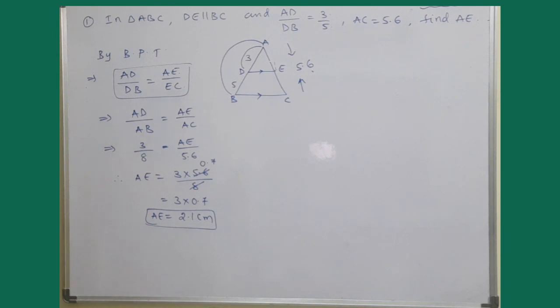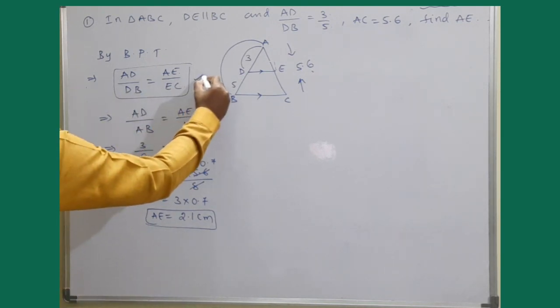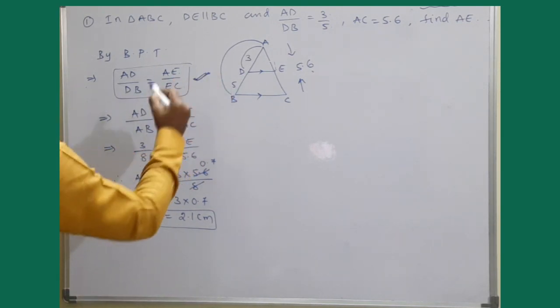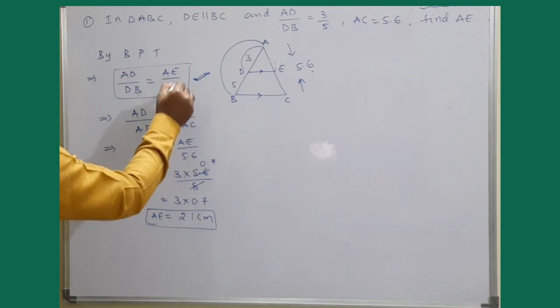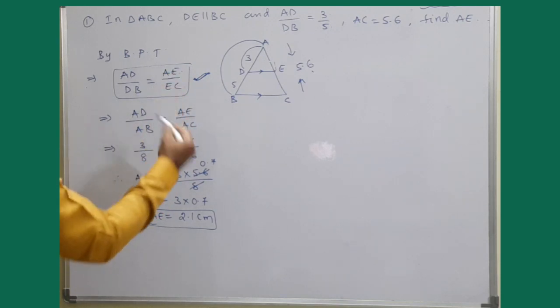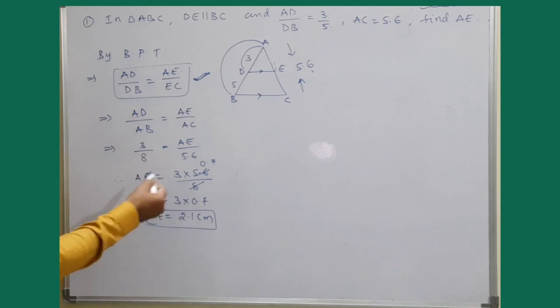So this is the basic definition. With this, both are unknown. Actually we can solve, but this process is very simple. So let us take the ratio of the required and given sides. Then it will be very easy to find.